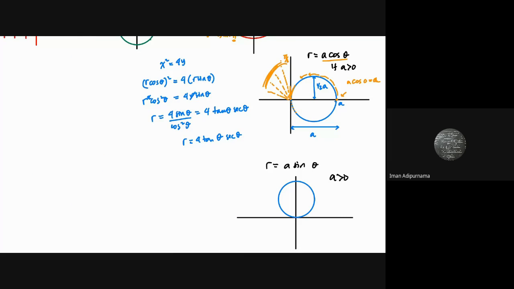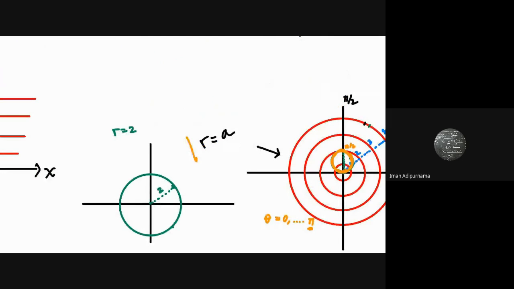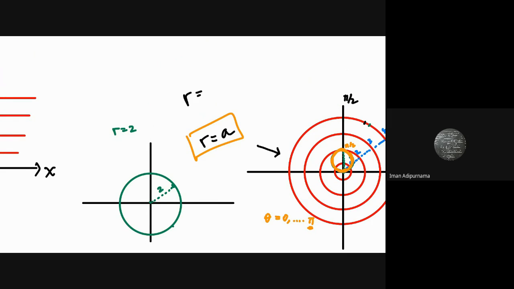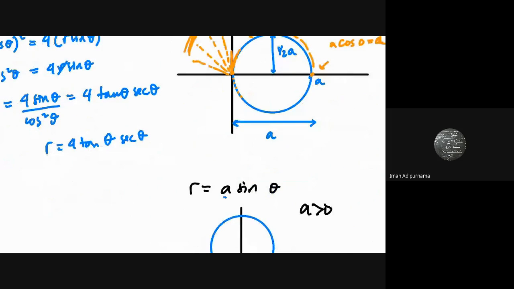The first curves. We have a circle, that is either r equals a, or we can also have r equals a theta, which becomes a spiral. And also we have a cos theta and a sine theta.